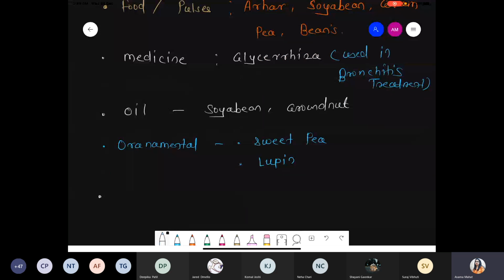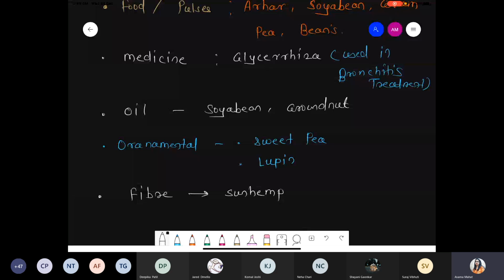Next one we are talking about as a fiber. Fiber means these are the part of the xylem fiber or phloem fiber which has some commercial value, used for the preparation of different kinds of furniture or some ornamental items, mostly made up of wooden particles. So in case of the fiber, we are taking one example of the plant, that is sun hemp.